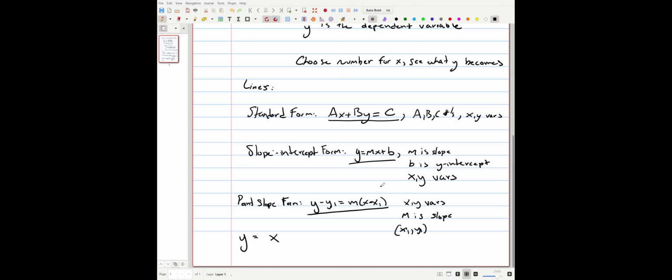So let's see. So how are we going to use these ideas? Well, if they give us 2 points, we need to find the slope.